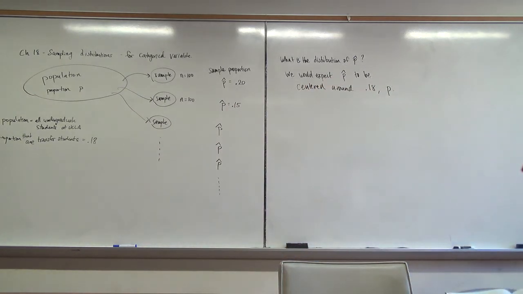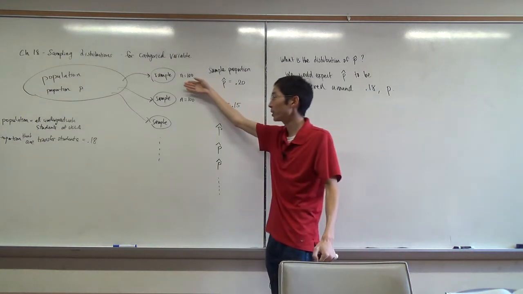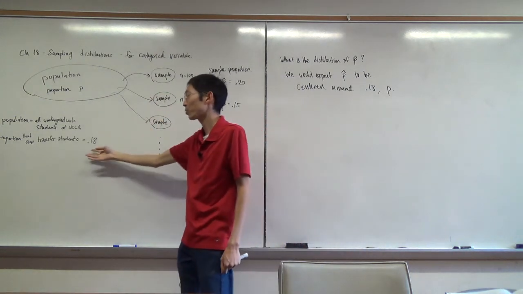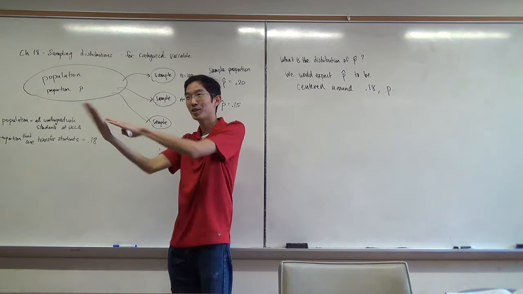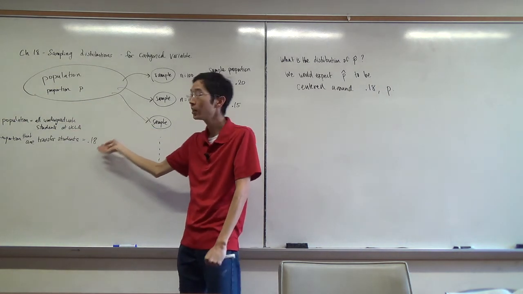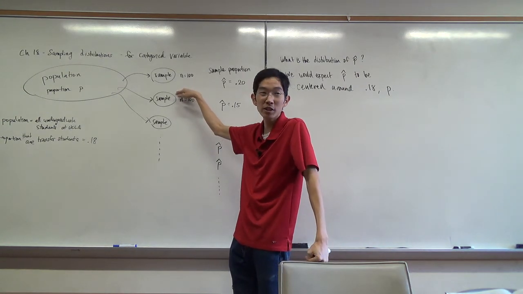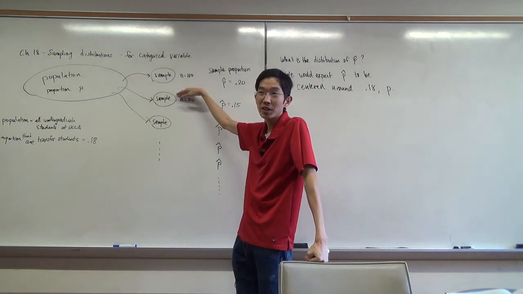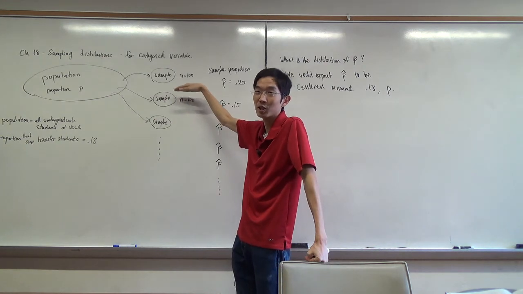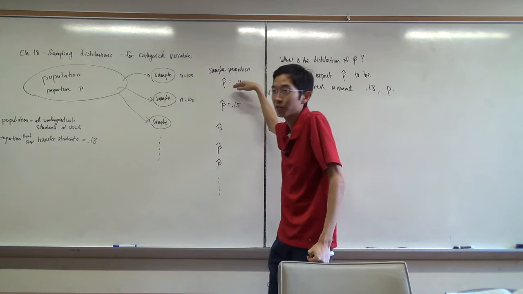And so it's pretty much like flipping a coin 100 times, where the probability that it lands on the transfer side versus the not transfer side is 0.18. This is just like a binomial model, except we're not looking at the count of how many times it landed on transfer student, but at the proportion.